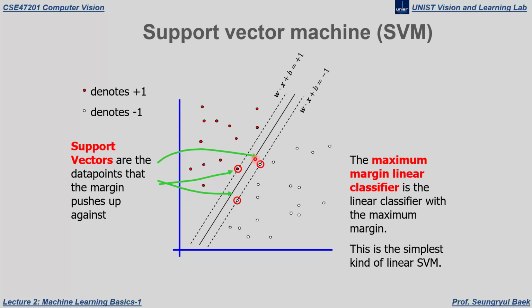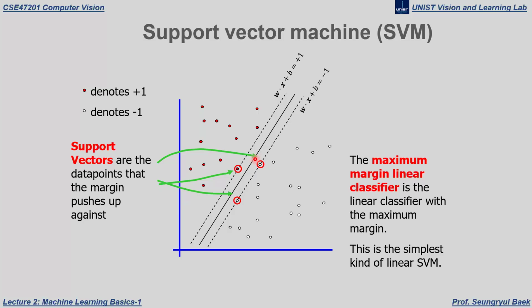When you directly find a straight line that roughly divides these two distributions, it may be non-optimal. But if you find these support vectors and find the straight line that maximizes the margin using fewer training samples, it can be more optimal.